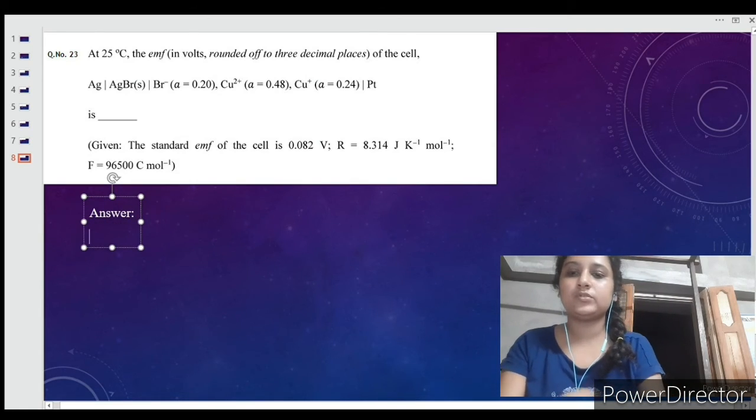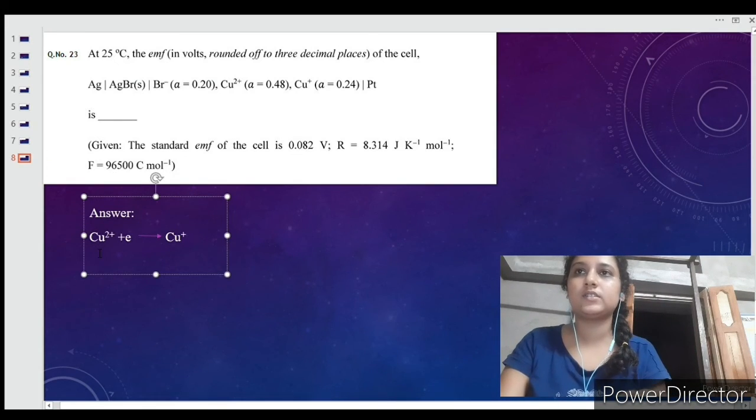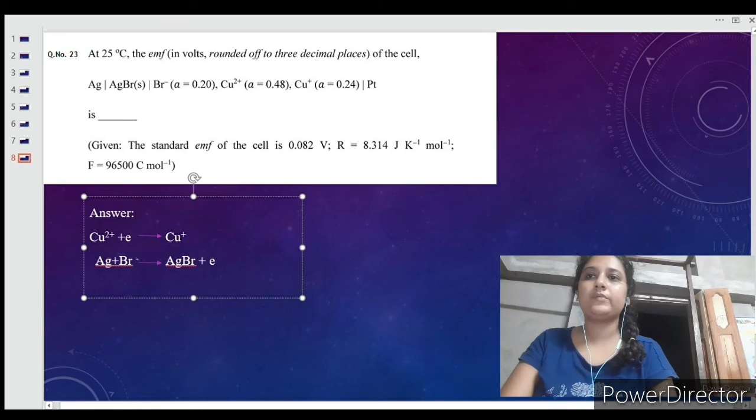The cathode reaction is Cu2+ to Cu+ formation, and the anode reaction is the reaction where oxidation takes place. The above reaction is the cathode reaction where reduction takes place, and the below mentioned reaction is the anode reaction where oxidation takes place.